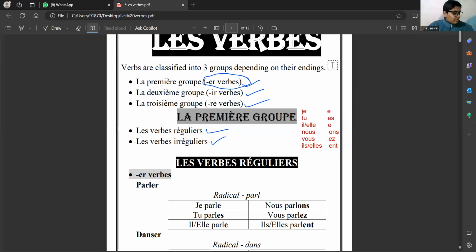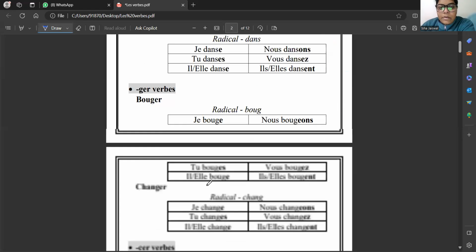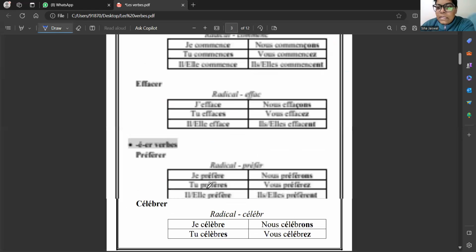Okay. So, see, now you have to just focus on this only. You have to learn this separately and learn this separately, because you cannot learn all these verbs. There are many.